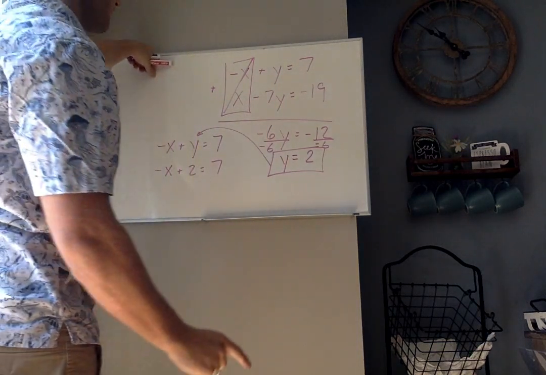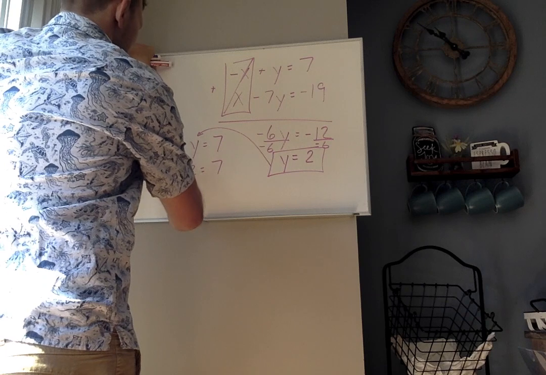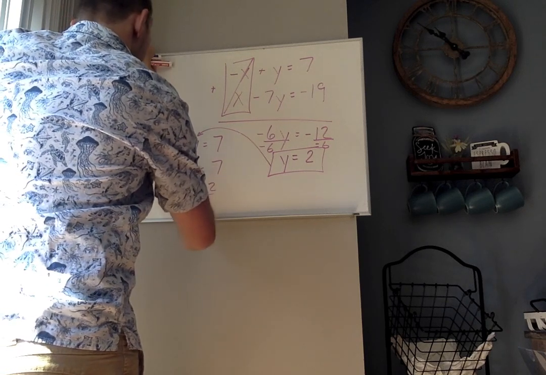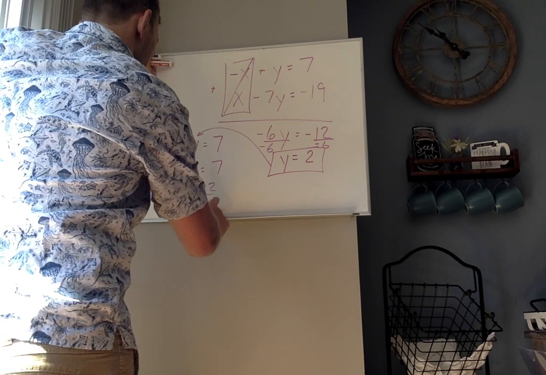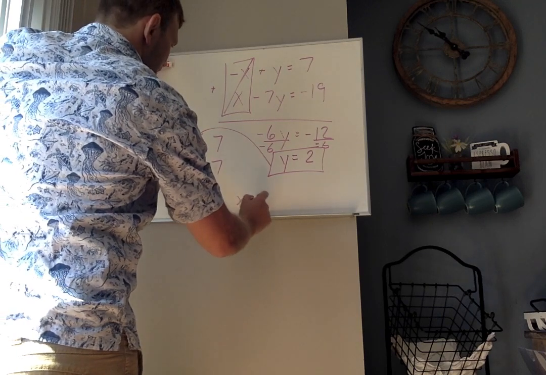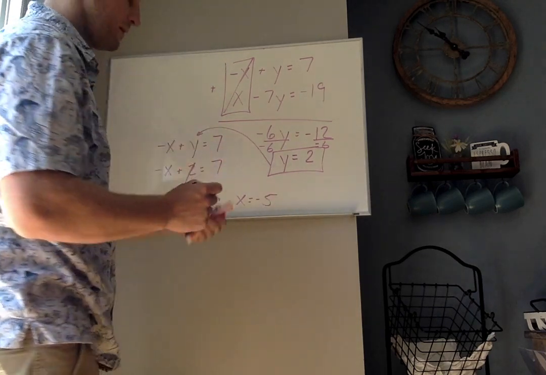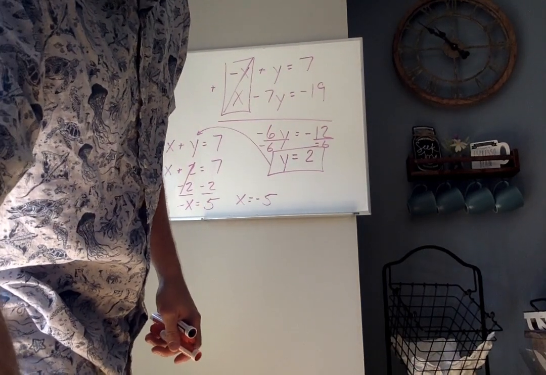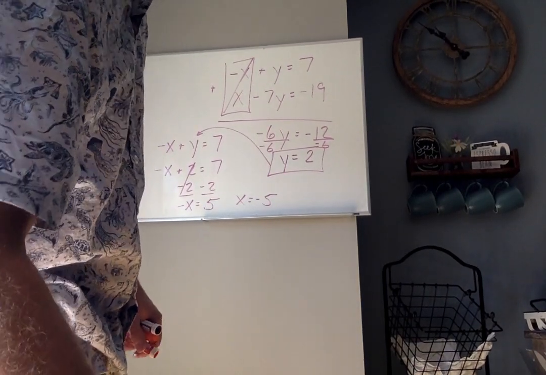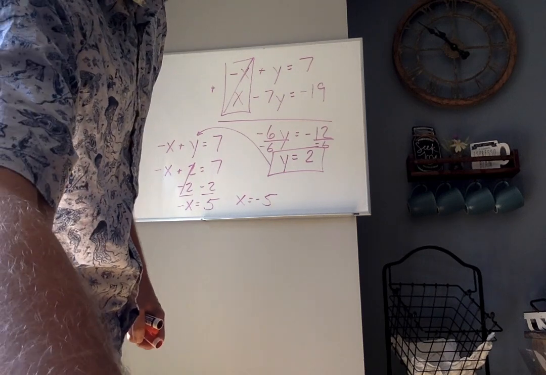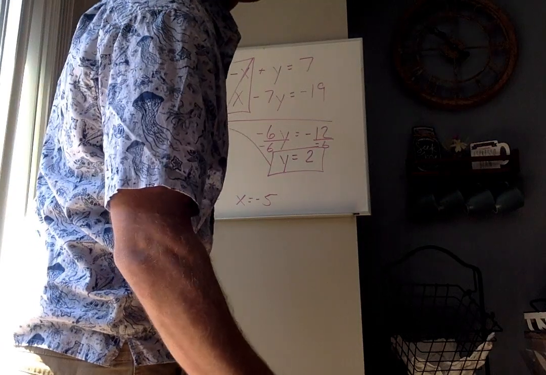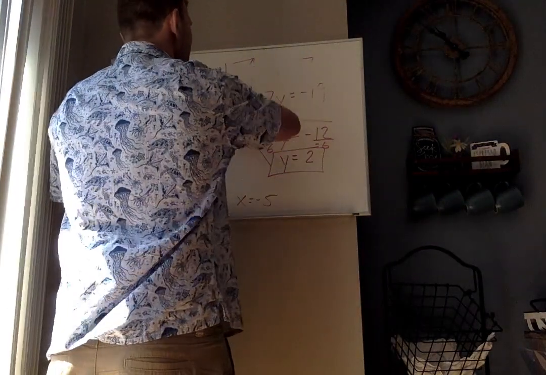Okay? So now here, I'm going to subtract 2. And I get negative x equals 5. So x equals negative 5. So I have negative 5 and I have 2. All right, for the next one.